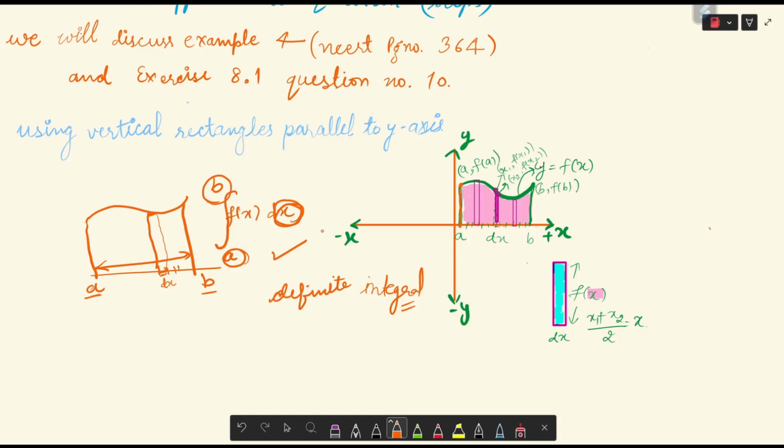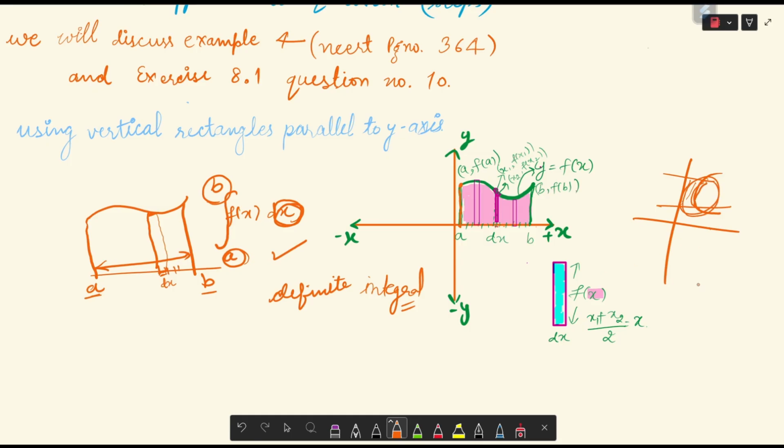So what if we have something like this, like this? So if you make vertical rectangles, then how are you going to make this area? Okay, rectangles here, how will you make them here?